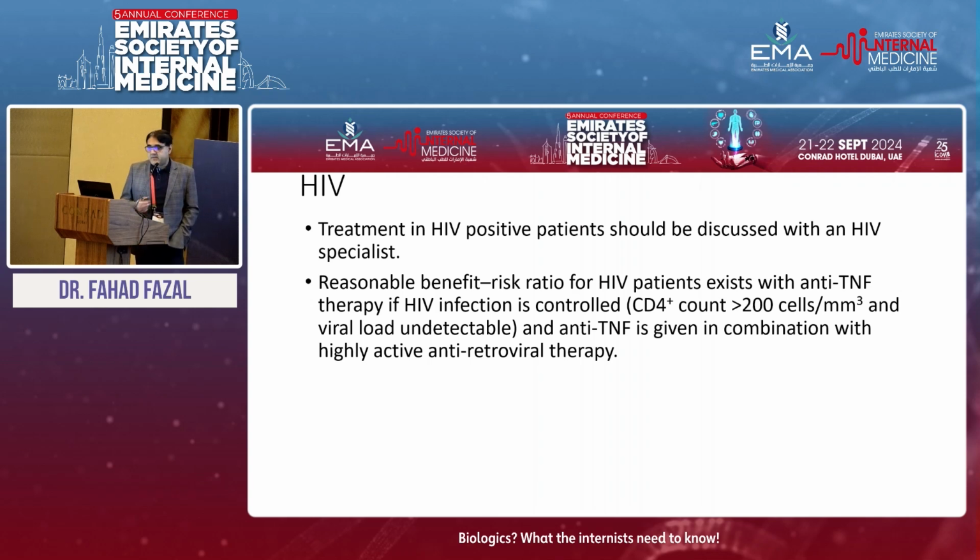In HIV patients, treatment should be discussed with the HIV specialist, but studies suggest that the benefit-risk ratio is in favor of treatment with anti-TNF agents in HIV patients if their HIV infection is controlled, which means a CD4 count of more than 200 and an undetectable viral load. Anti-TNFs are usually given in combination with antiretroviral therapy.